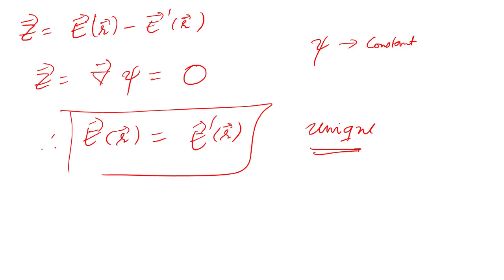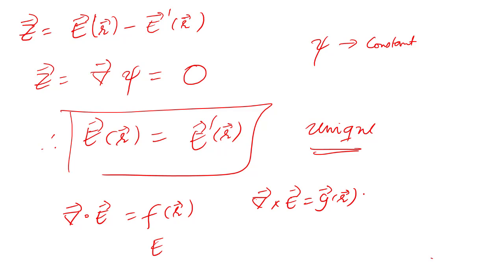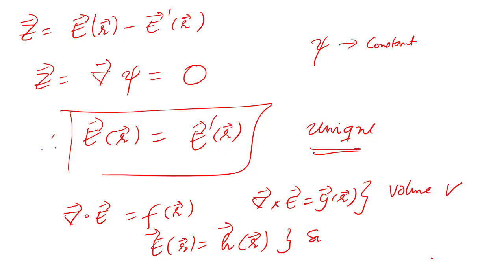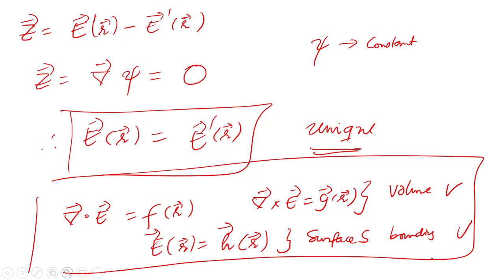So using the properties of harmonic functions, what we have shown is that if I specify del dot E to be a particular function f of r and curl of E to be a specific function g of r within volume V, and on the boundary, I'm specifying a boundary condition on the surface S bounding volume V, then the solution to this E of r is unique.